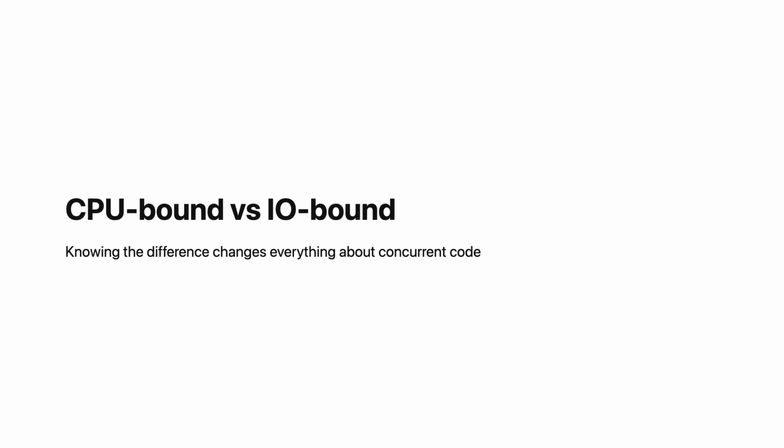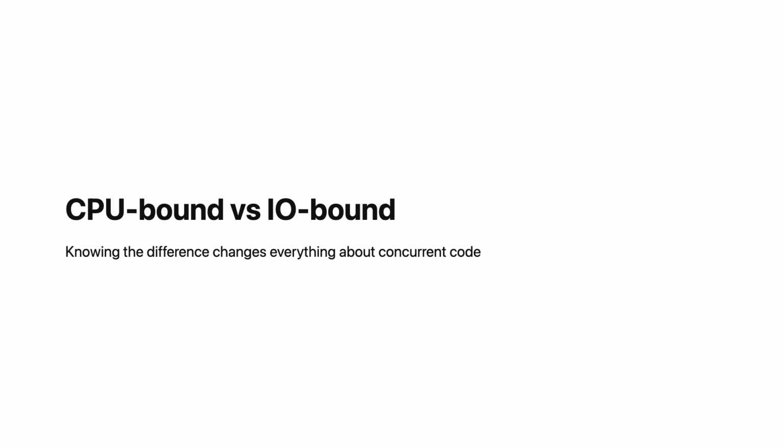CPU-bound work is work where the CPU is the bottleneck. The processor is actively computing, crunching numbers, transforming data, executing instructions, and it cannot go any faster because it is already working as hard as it can.